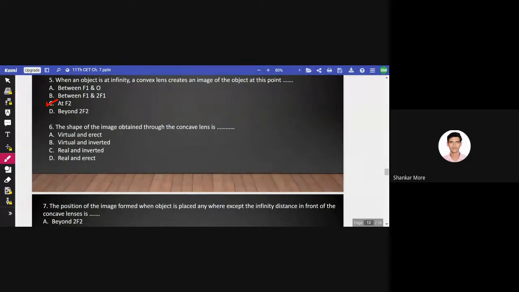So I don't think any of the image formed by concave lens is real. So two options are gone, isn't it? So remaining options are A and B. So is it inverted or erect? It is erect. So option A is correct. Okay. So option A is correct. Let's go to the next question.